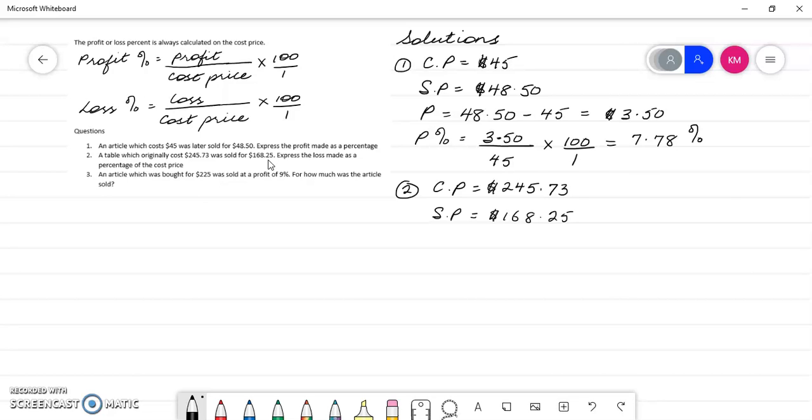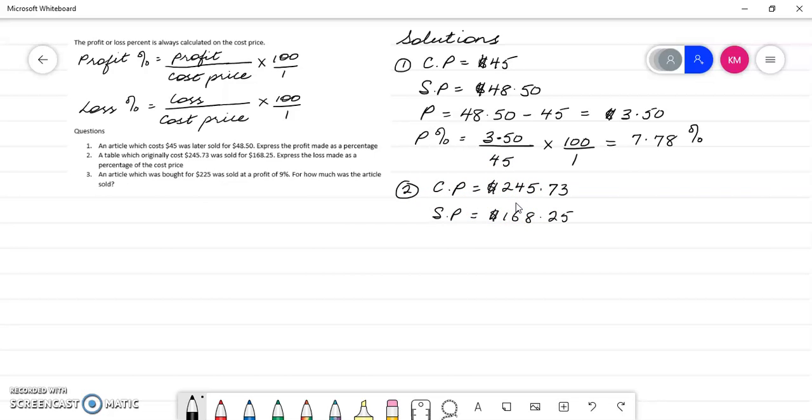Express the loss made as a percentage of the cost price. So you can see that a loss was made because my selling price, the table was sold for less than they bought it for. So you can see there that a loss was made.